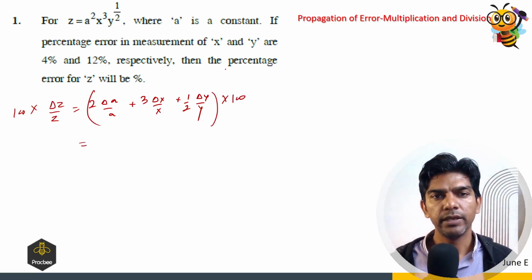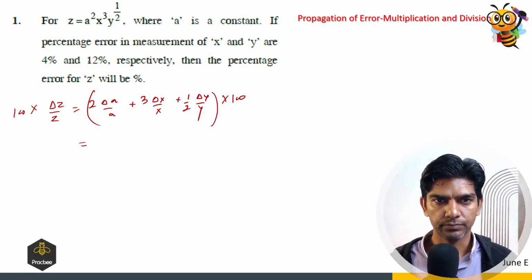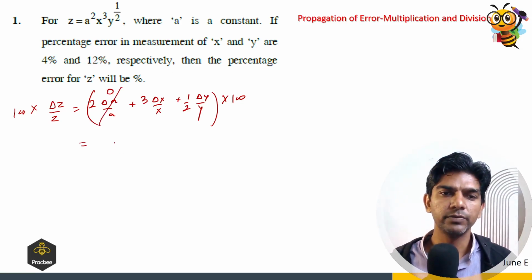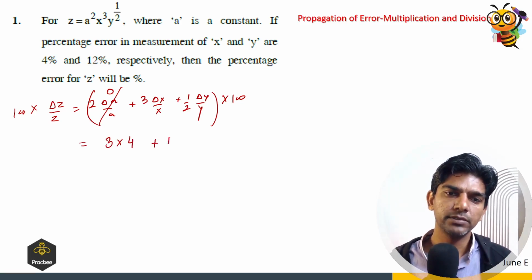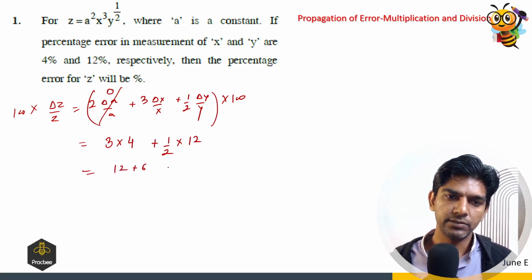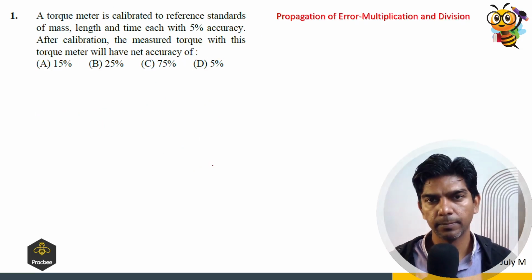The percentage error in x and y is given as 4 and 12%, where a is a constant, so this term will be 0, right? So it will be 3 times 4 plus half times 12. So 12 plus 6, it comes out to be 18%, right? So 18% is the answer.